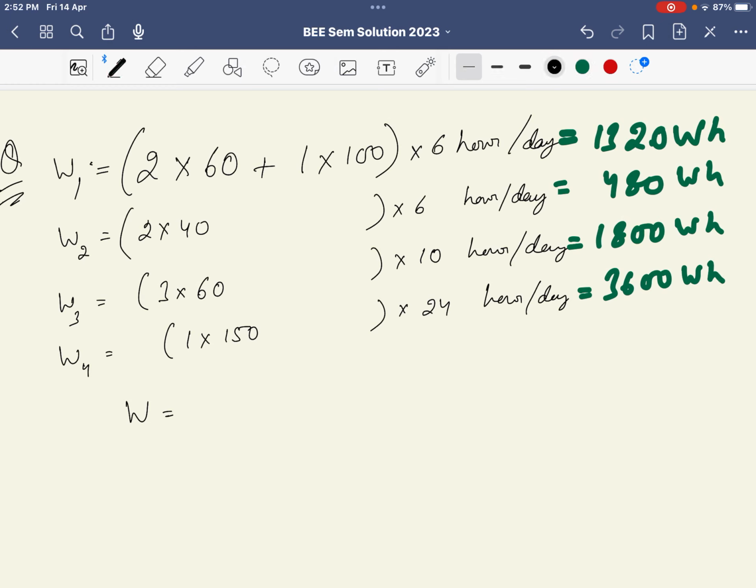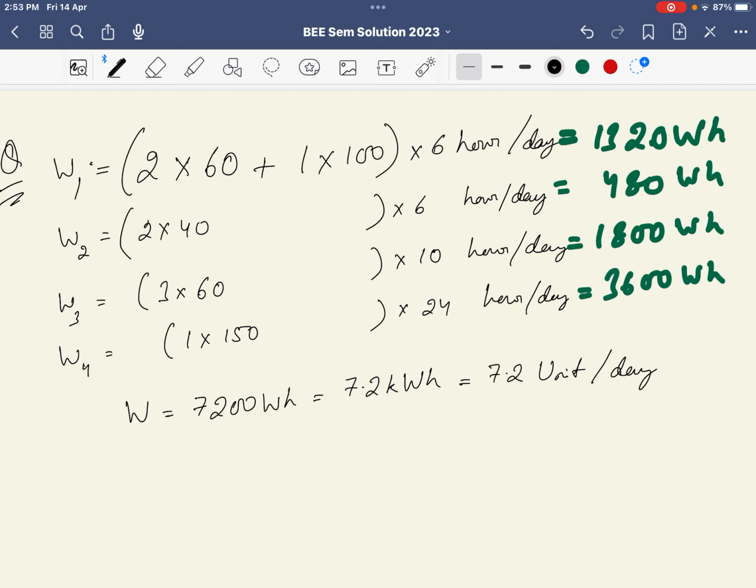The total watt hours is the addition of these: 1320 plus 480 plus 1800 plus 3600, which comes to 7200 watt hour. I can convert this into kilowatt hour as 7.2 kWh, and you know that 1 kilowatt hour is 1 unit, so 7.2 units are consumed per day.